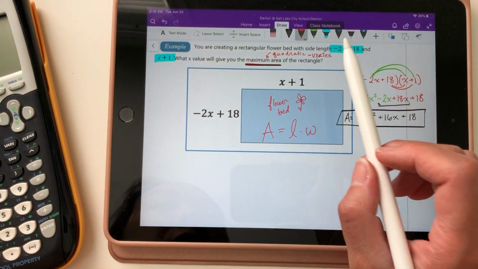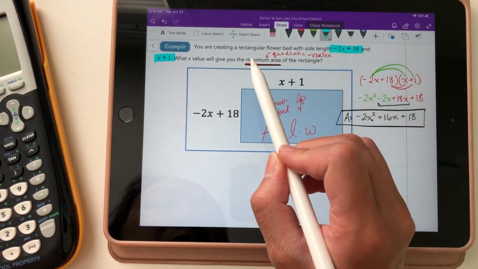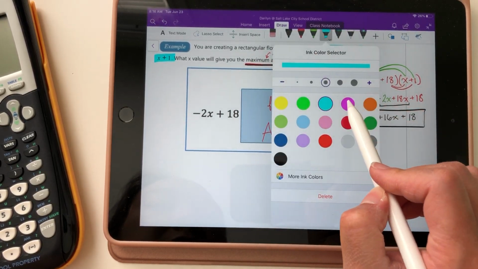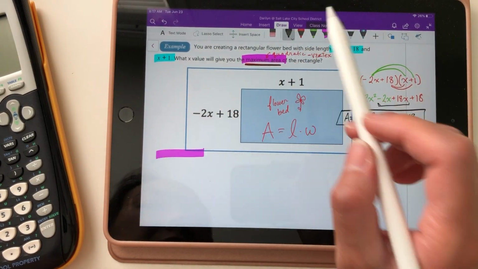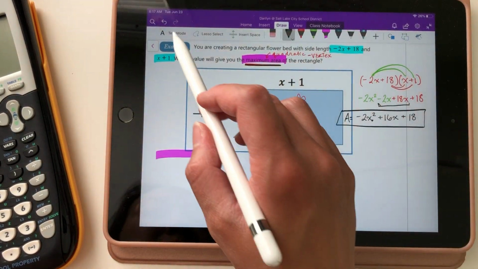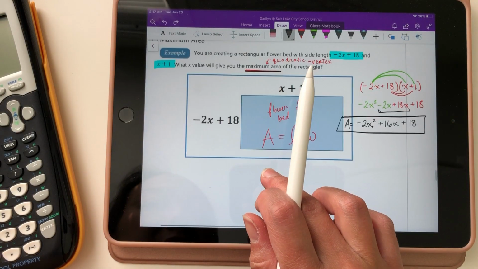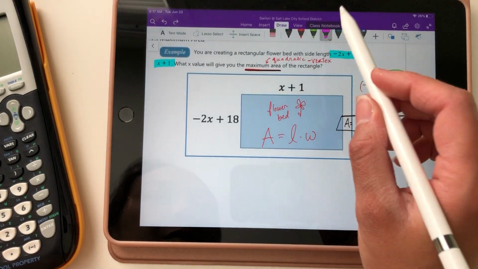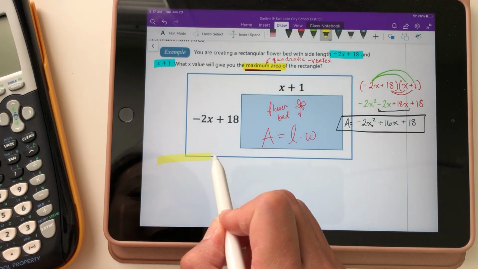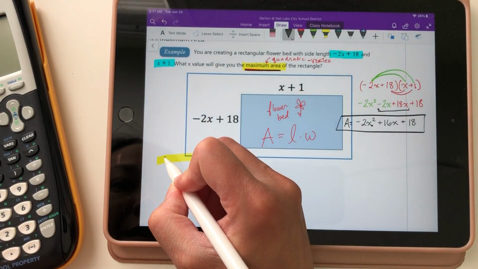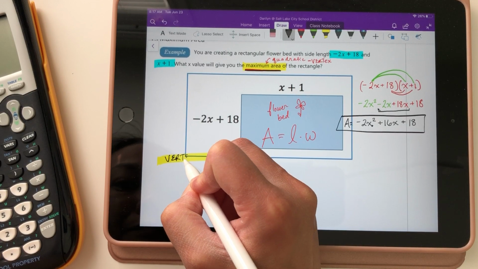Okay, so because it says maximum area right there, let's do this in pink. Hopefully you guys can see that. The pink is, oof, it's dark. I'm gonna redo that because I can see that it's very dark. Let's do yellow. Maximum area tells me that we're gonna be dealing with the vertex.